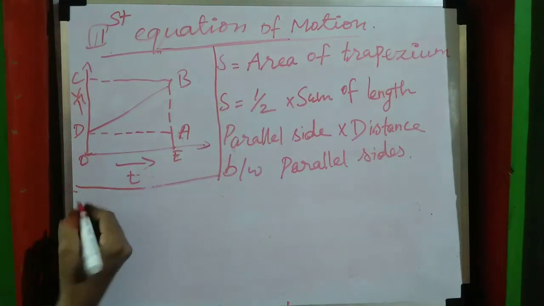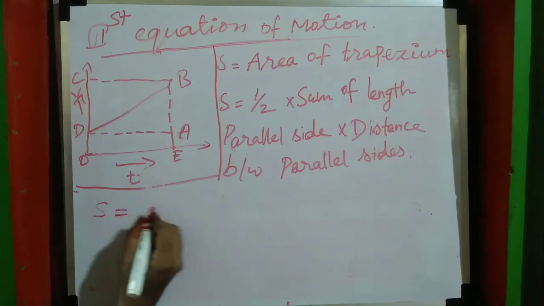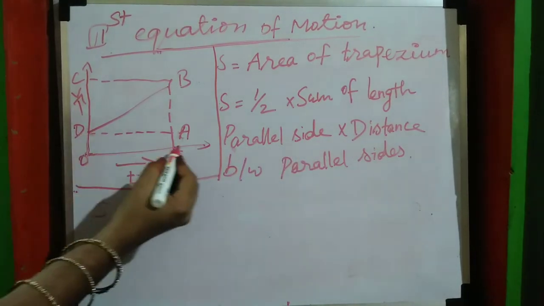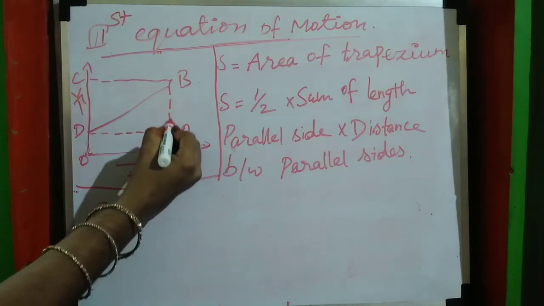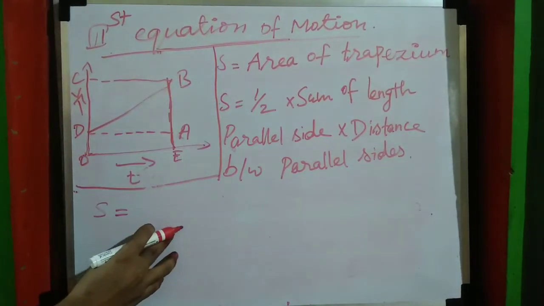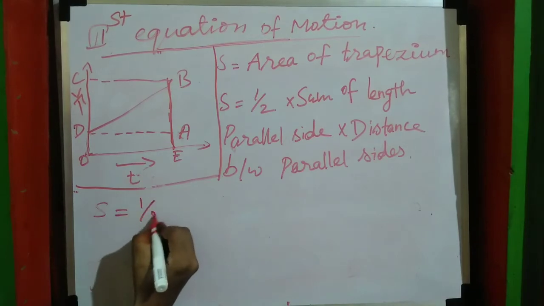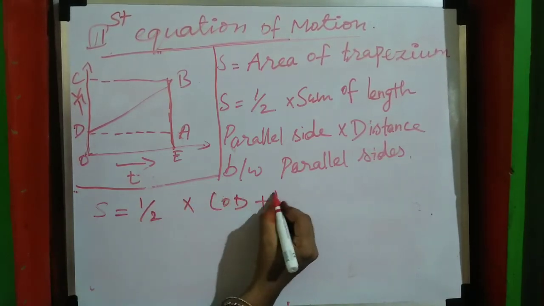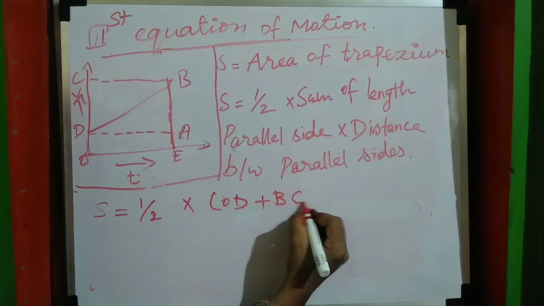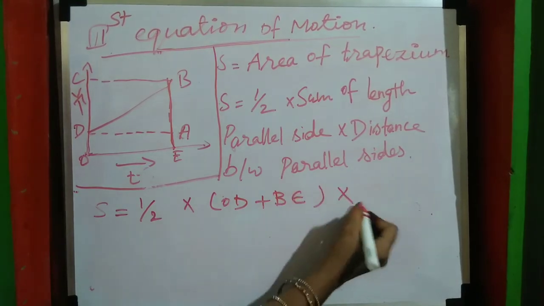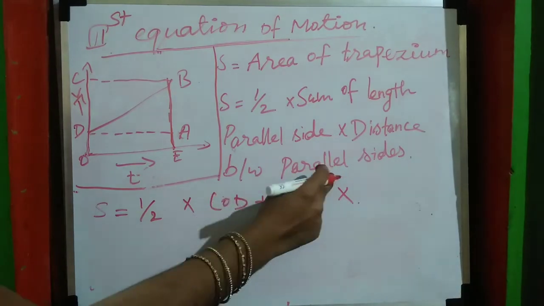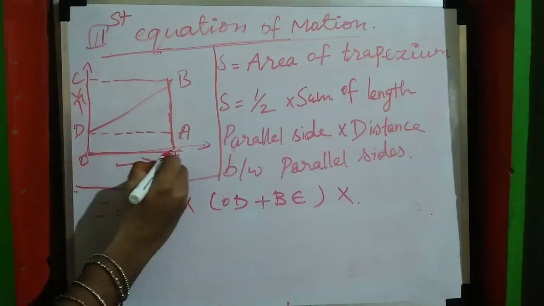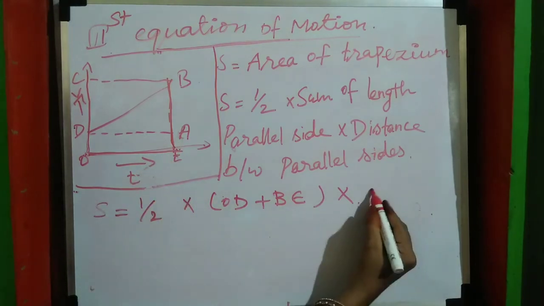Write this equation. S is equal to half into OD plus BE, the sum of the lengths of the parallel sides, and the distance between the parallel sides is OE.